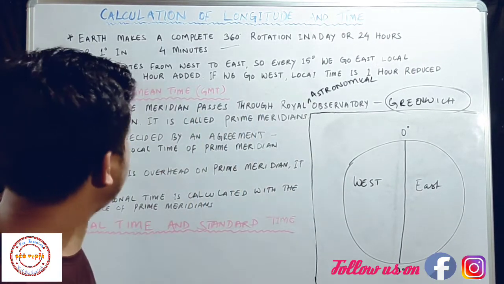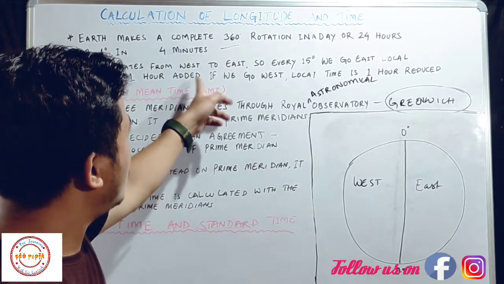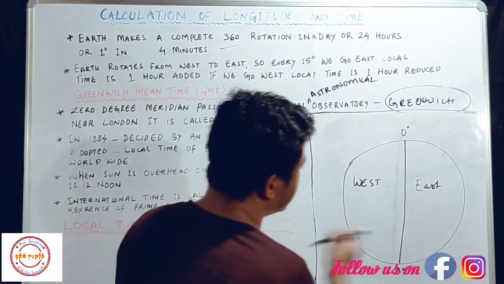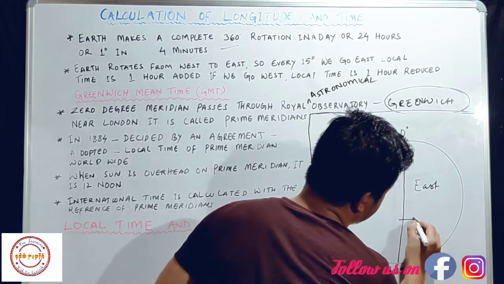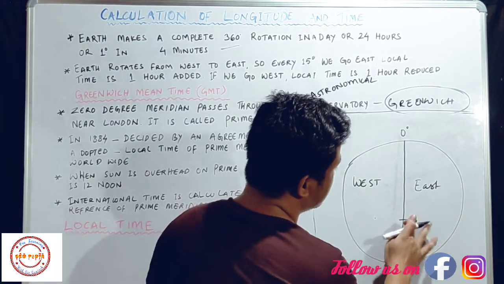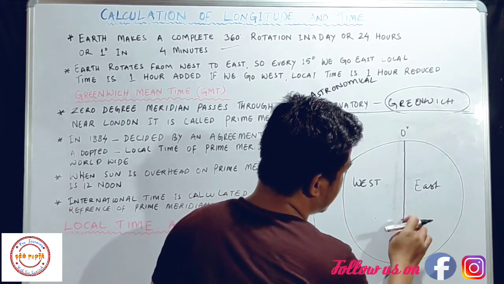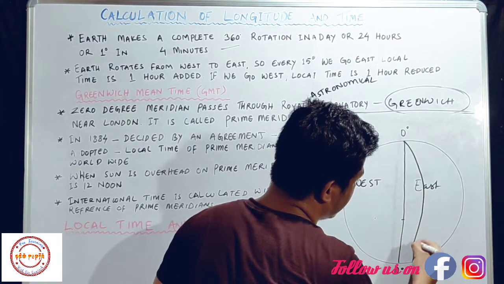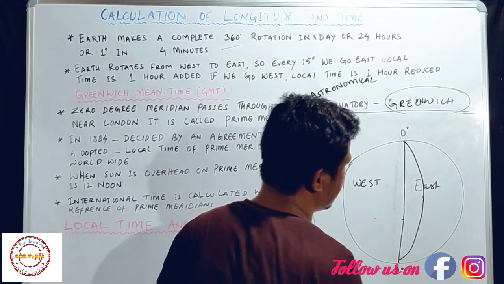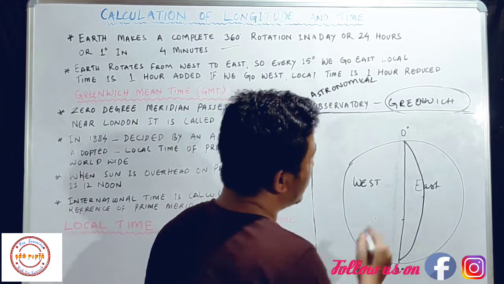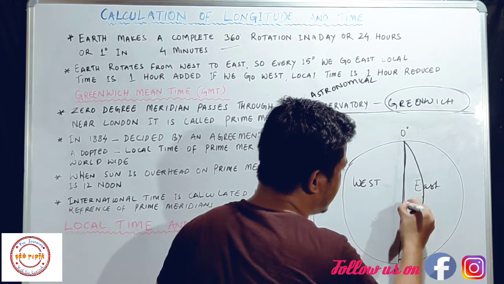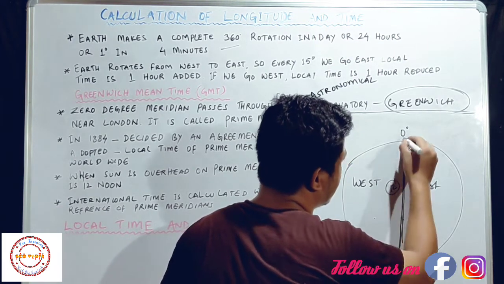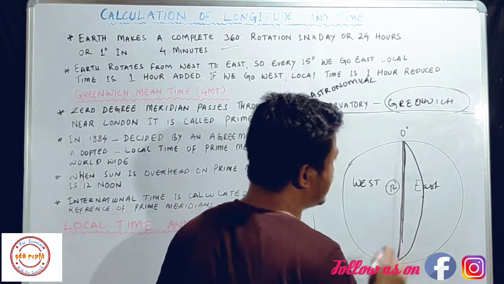Okay, so here it is written, if you go west to east 15 degree, west to east means from this region, this direction. So suppose this is 0 degree. From here this is 15 degree east. Now let us consider that in this prime meridian it is 12 noon.